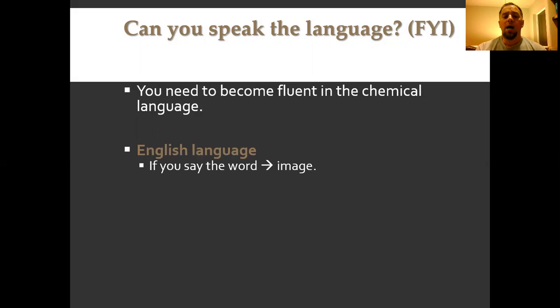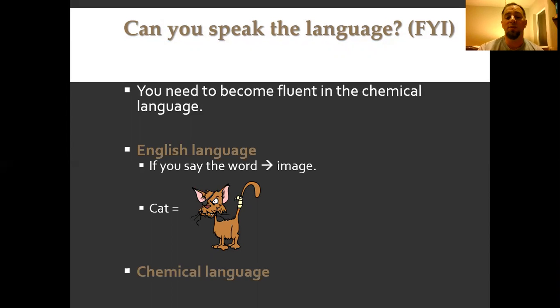In the English language, if we say a word, we think of whatever that word's associated with. For example, if we say cat, you automatically think of what a cat looks like, right? So we want to be able to say a chemical formula or some type of compound and be able to recognize what that means.